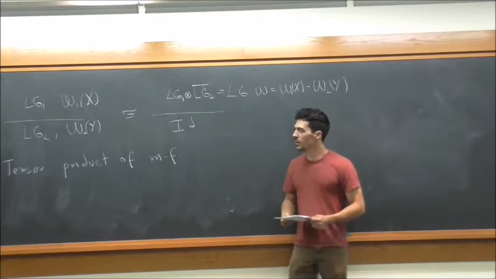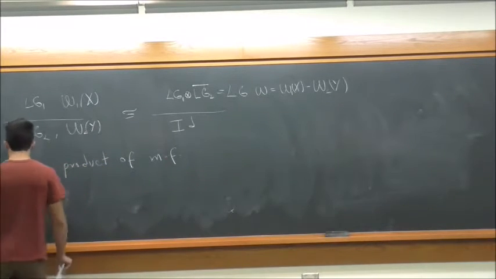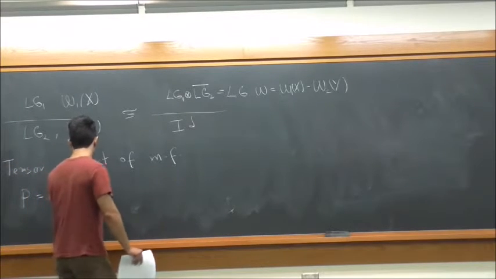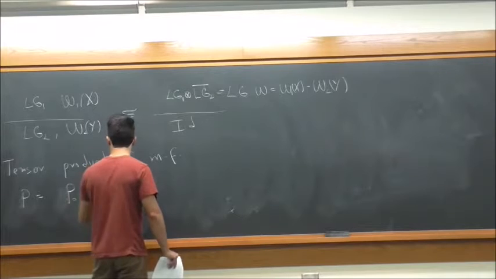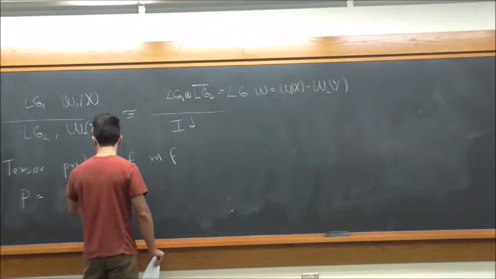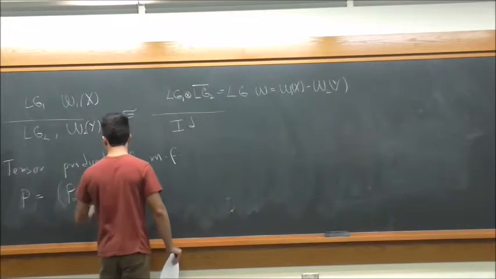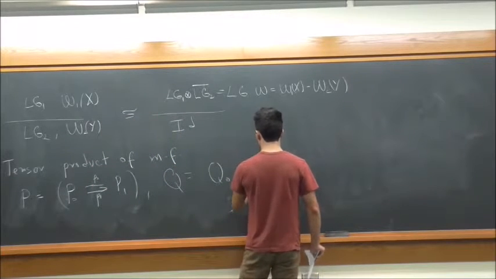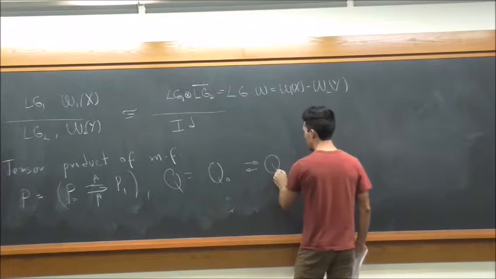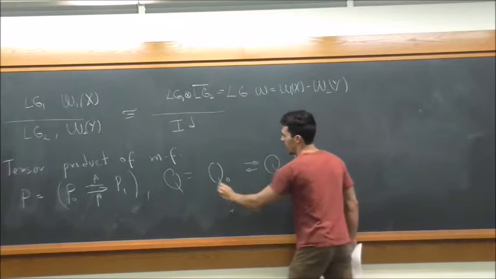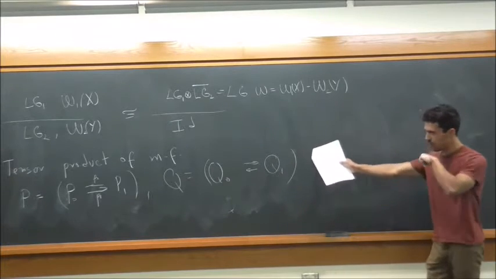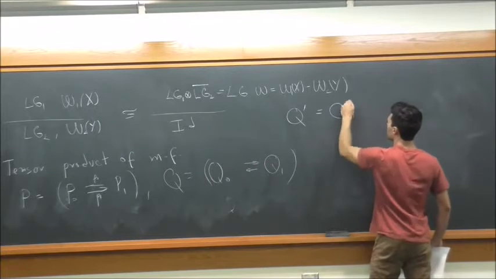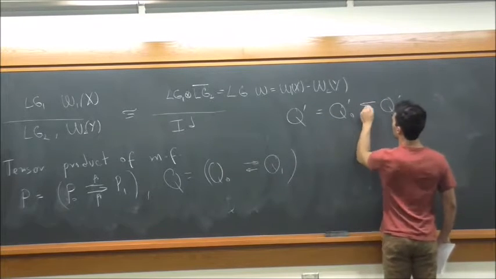When we have two matrix factorizations, say P, with P0 and P1, and Q, with Q0 and Q1, and we take the tensor product of these matrix factorizations to obtain some Q prime, which is Q0 prime and Q1 prime with two little maps.